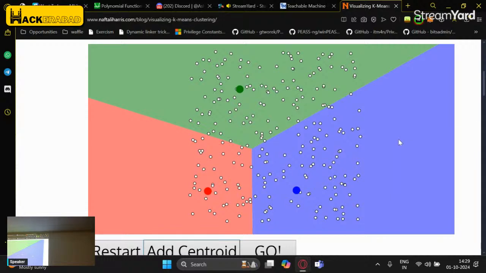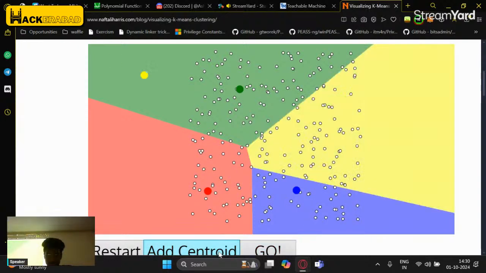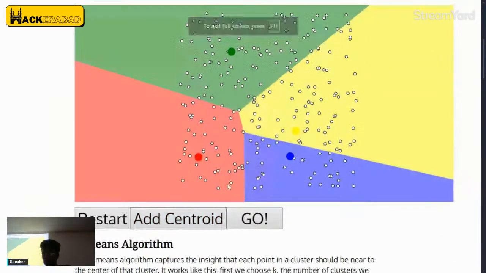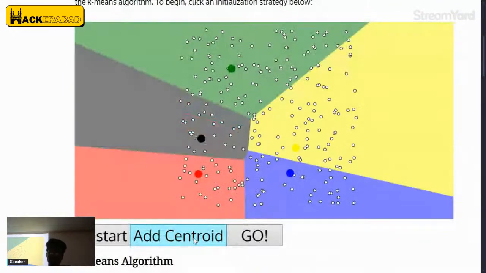No partial. We go with 5. Add one more centroid. Yeah, we'll add one more centroid. 5 అయింది.